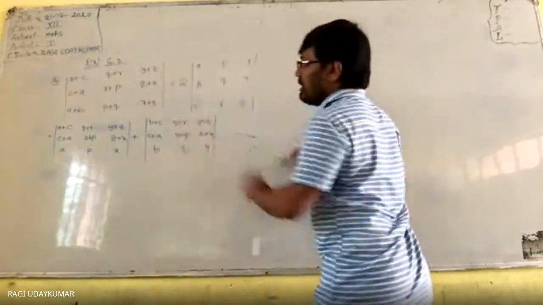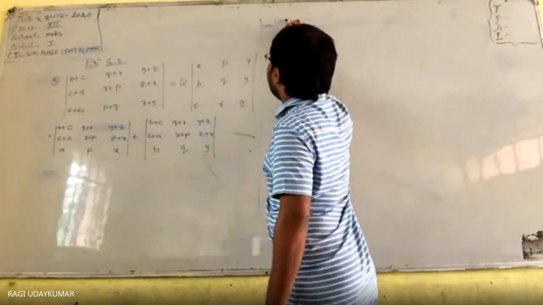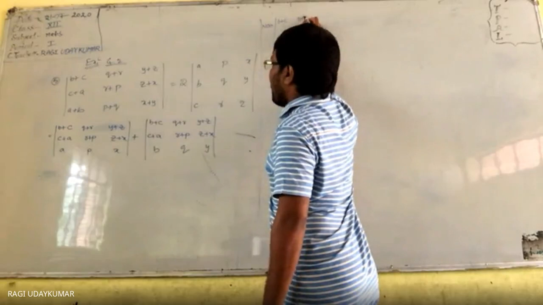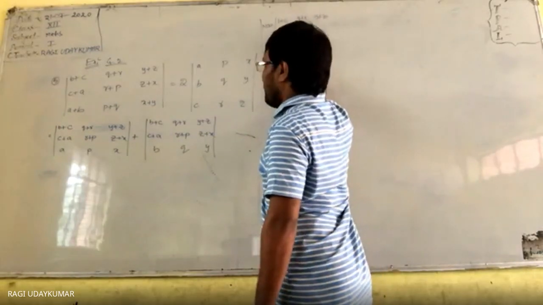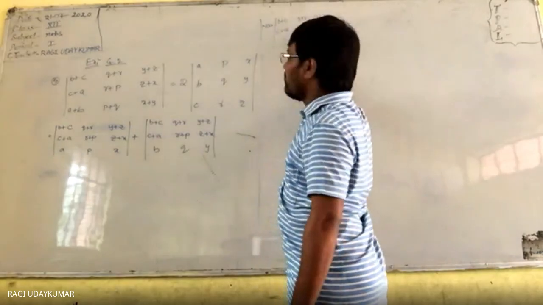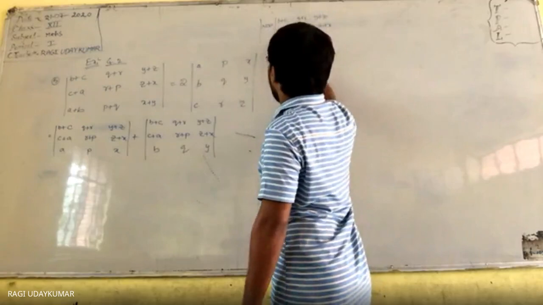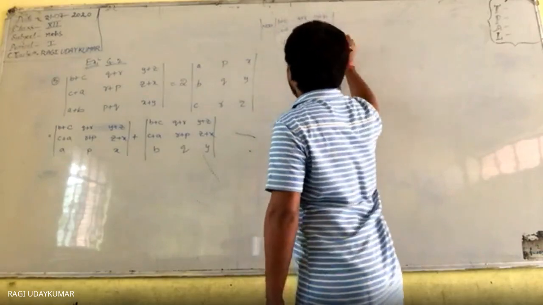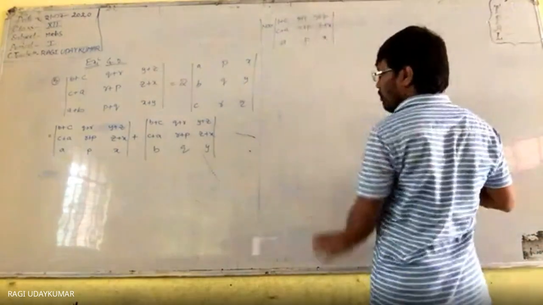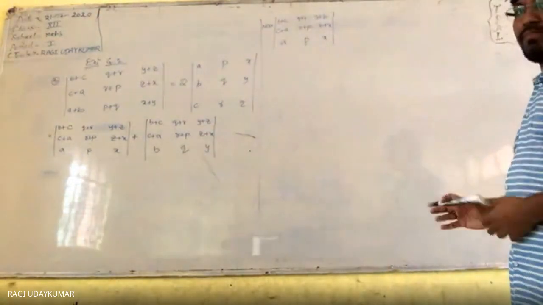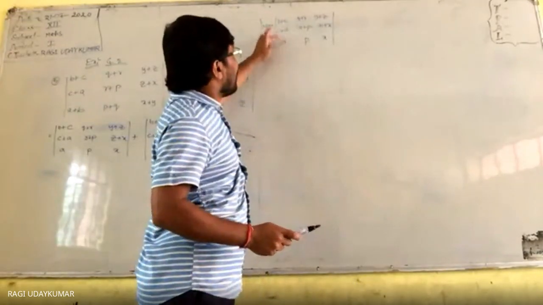Now we are taking only the first part: B plus C, Q plus R, Y plus Z; C plus A, R plus P, Z plus X; and A, P, X. Let us find this determinant. From this row, if you subtract, you get a single element.